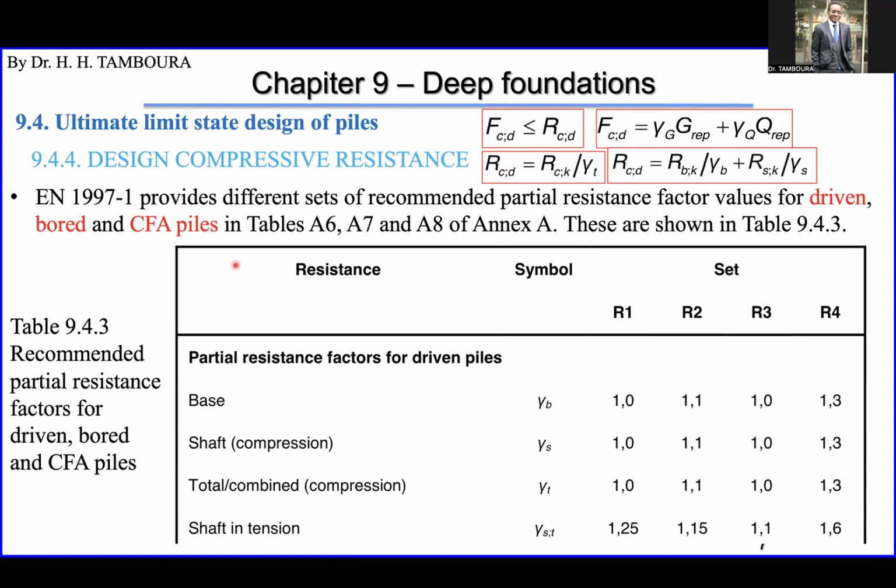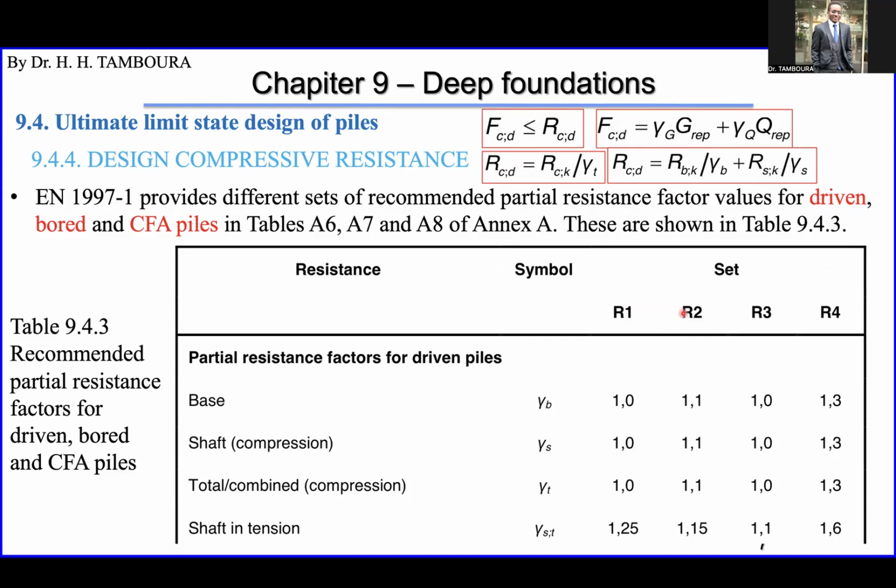So these are the values of these partial factors. Here you have the case of driven pile. We have here R1, R2, R3, R4. Some people may be starting to get confused after seeing this, but don't worry.